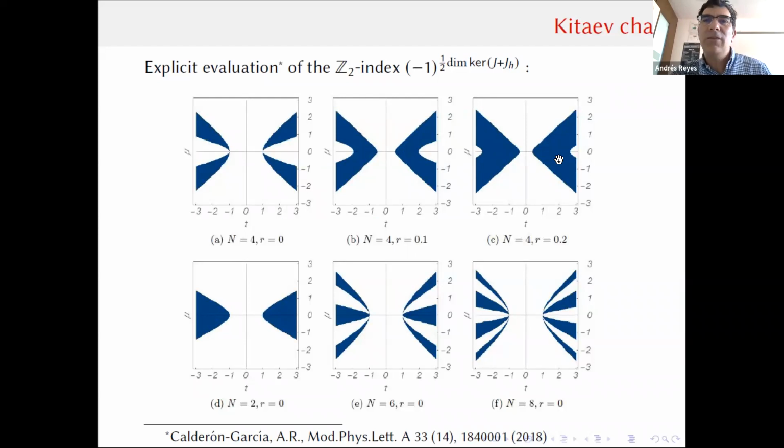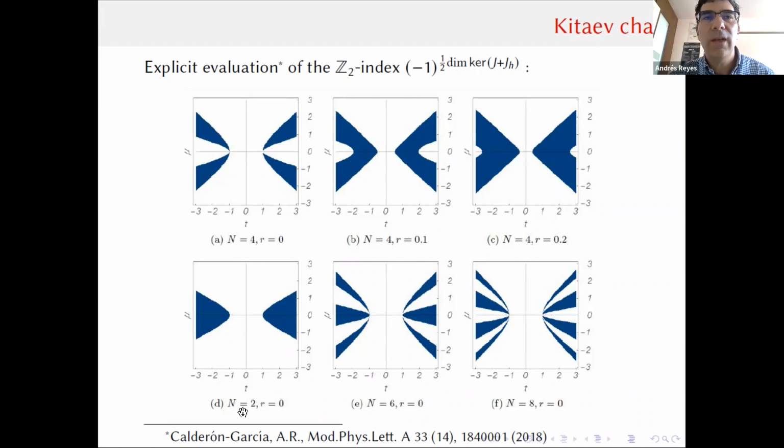Now, what happens if I keep increasing the number of sites, but I keep open boundary conditions? If I have open boundary conditions, then the index can be computed, but it does not reflect what is happening on the edge. According to the bulk edge correspondence, this makes sense, and this leads me to the remark I made to Denjo.